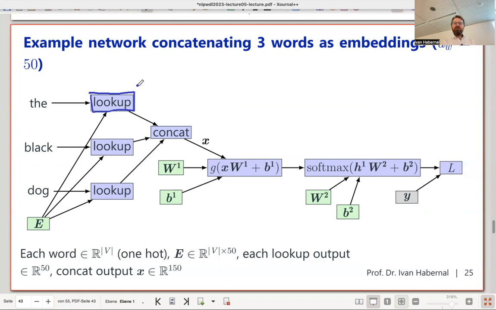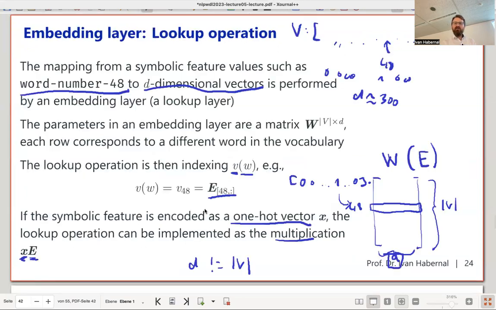Okay, so this lookup. If we have the embedding matrix, it is the size of the vocabulary times 50. So the E matrix, which we had here, is the size of the vocabulary, and the D would be 50. Then the output of this operation will have size 50, exactly. We're just selecting one row.